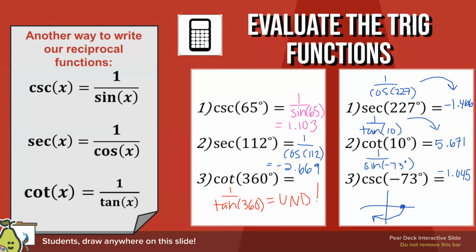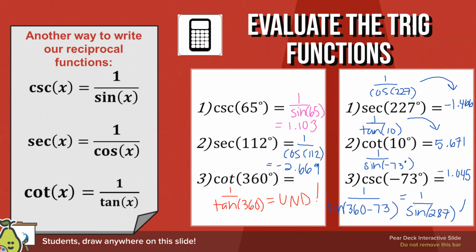So to figure out how many degrees that is, remember, a full rotation is 360 degrees. 360 minus 73 ends up being 1 over sine of 287 degrees.